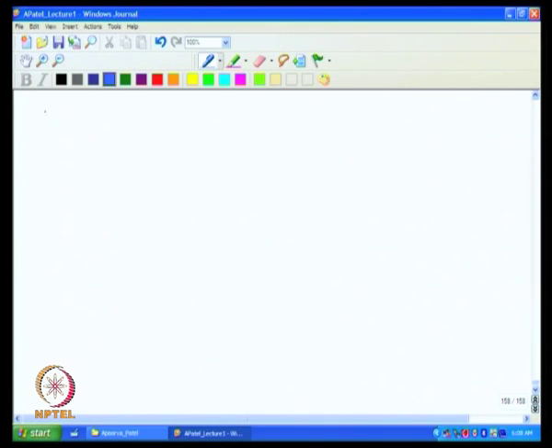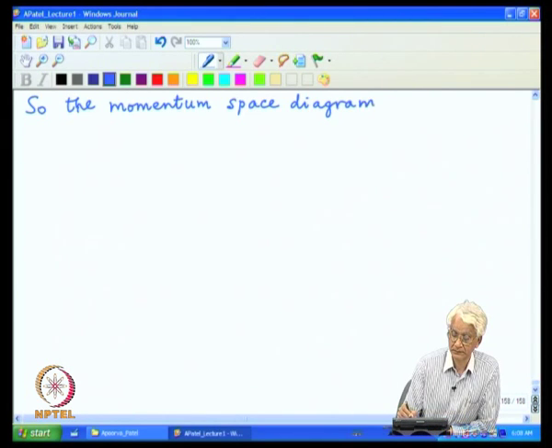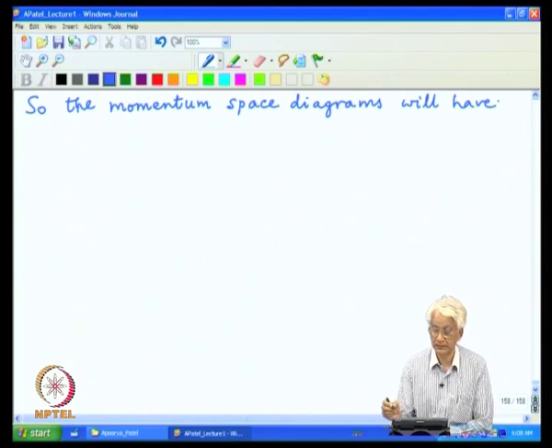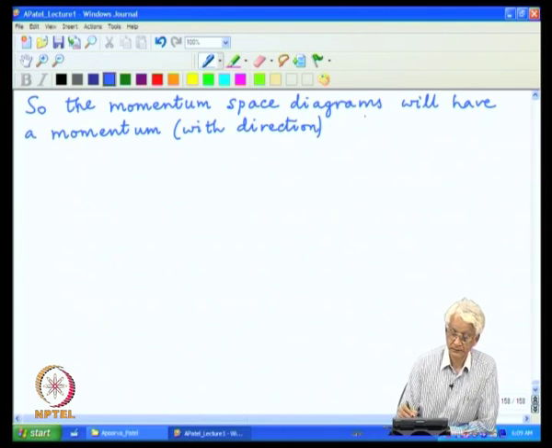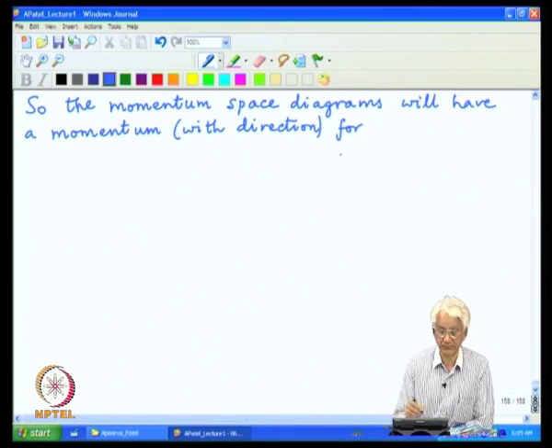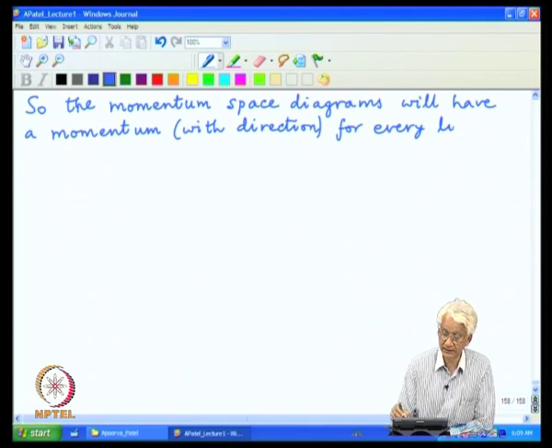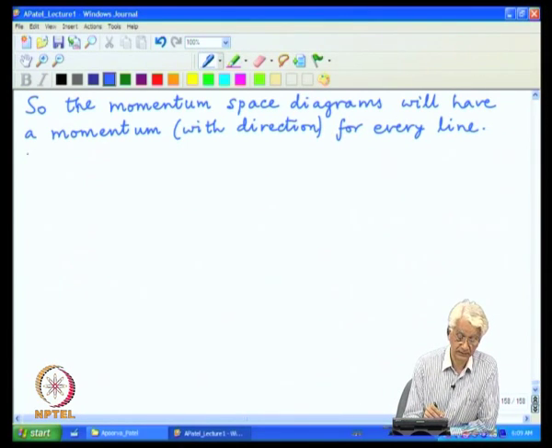So, now we have the momentum space diagram, which will have momentum with direction, which is represented by drawing an arrow on the line for every line, and extra momenta.